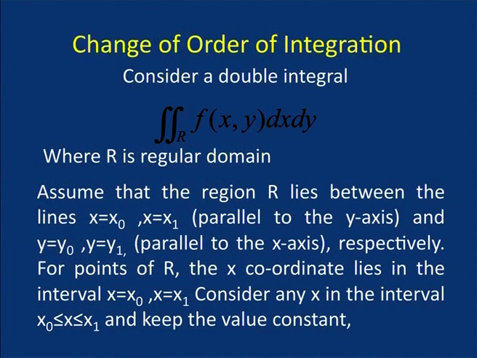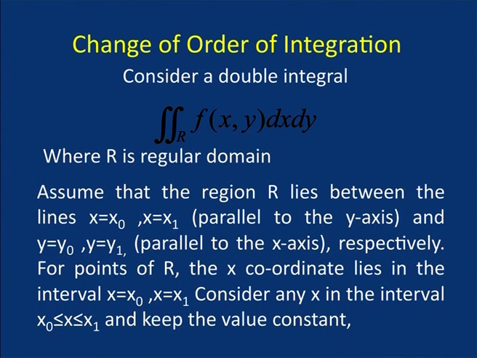Consider the double integral of f(x,y) dx dy over R, where R is a regular region. Assume that the region R lies between the lines x = x₀, x = x₁ parallel to the y axis and y = y₀, y = y₁ parallel to the x axis respectively. For points of R, the x coordinate lies in the interval x = x₀ to x = x₁.